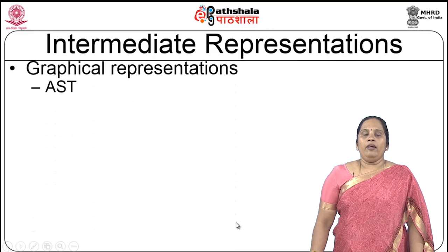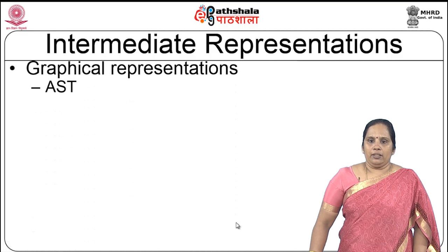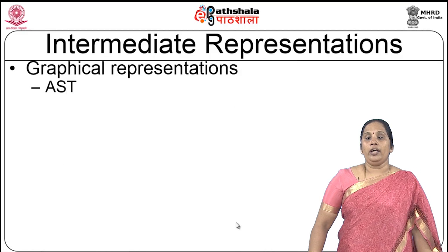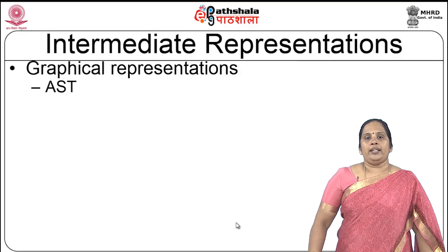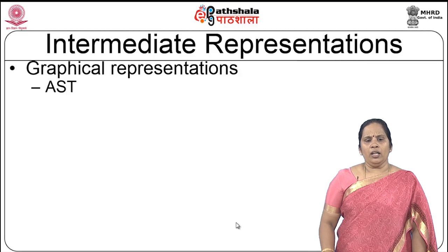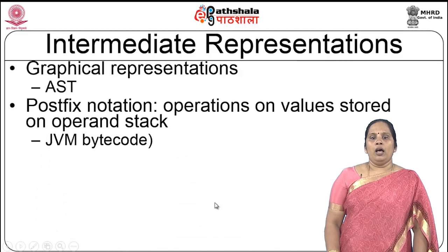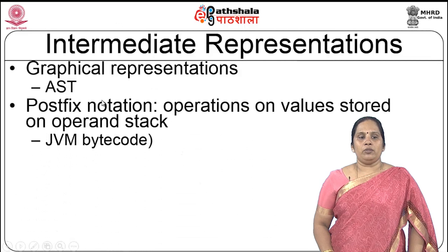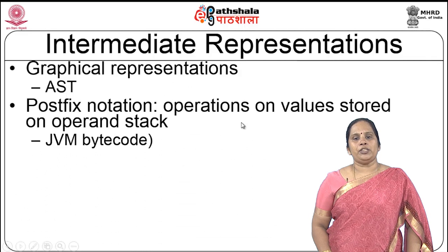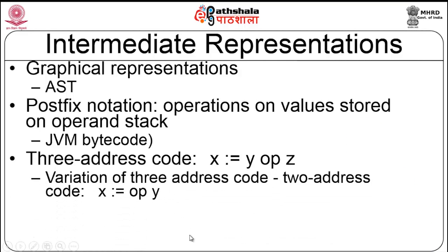Now there are various representations. This is what your syntax directed translator actually does. The first one is graphical representations, where you have an abstract syntax tree, or I can have a postfix notation, where there are operations on values stored on the operand stack. An example is JVM bytecode. Or I can have a 3 address code representation.